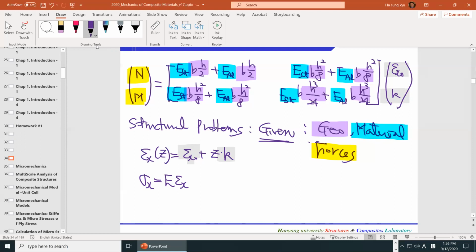Anyhow, this is very straightforward, and this procedure can be applied to many different layers, not just 2 layers. It can be applied to 3 or 4 and any multiple layers. So this is the equation we need to solve, and we need to program.